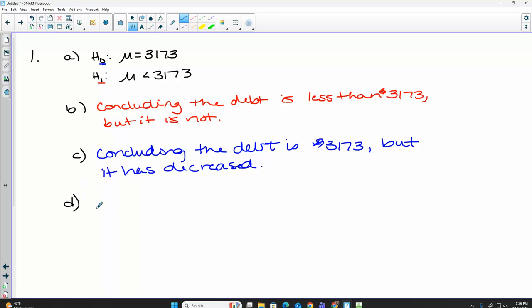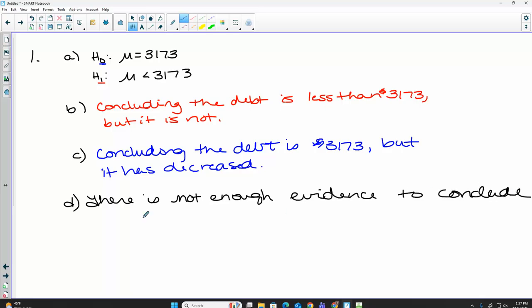If the null is not rejected, there is not enough evidence to conclude that the mean is less than $3,173. Did I prove that it was? No. In hypothesis testing, we're trying to prove the alternative. Failing to reject just means I couldn't prove that it was false.